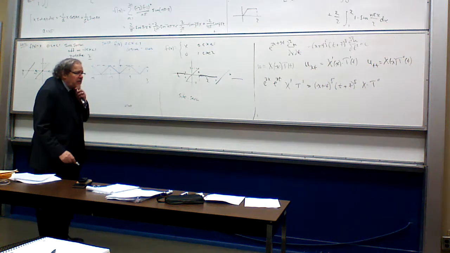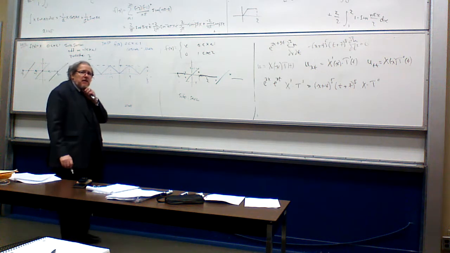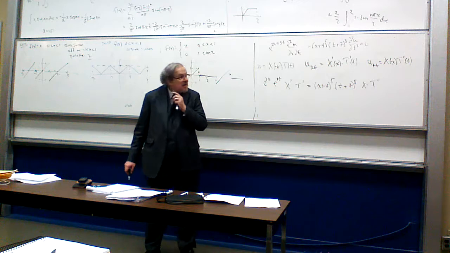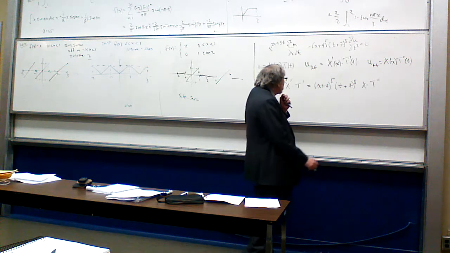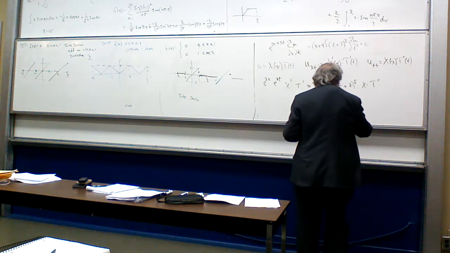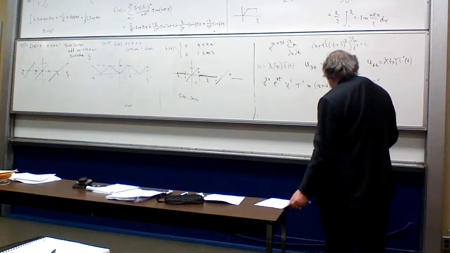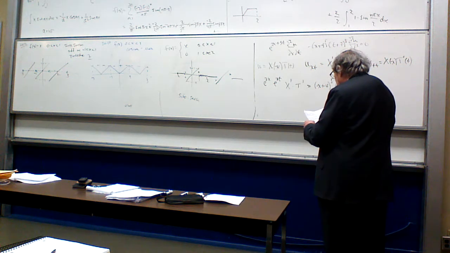And now I want everything involving x on one side. It's x squared on the last term, then t squared.